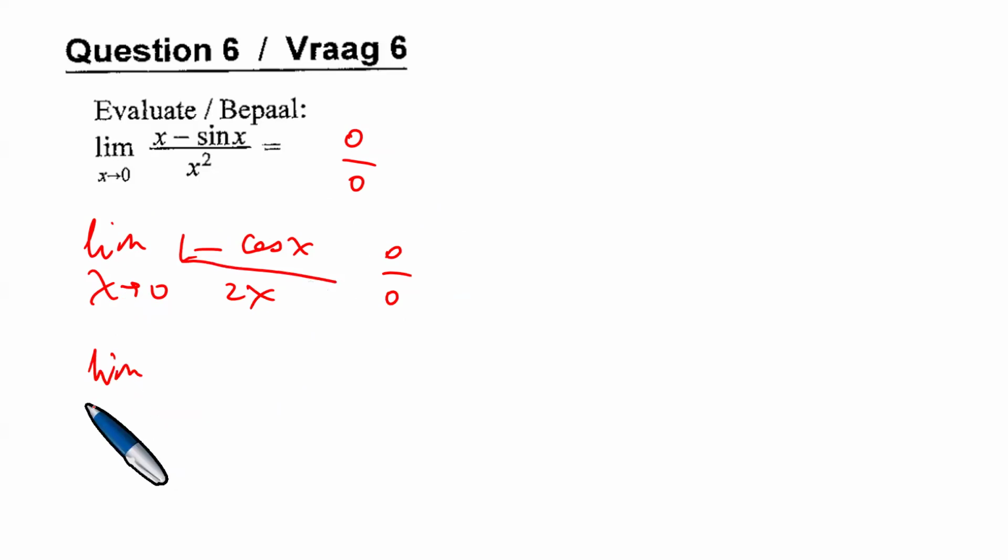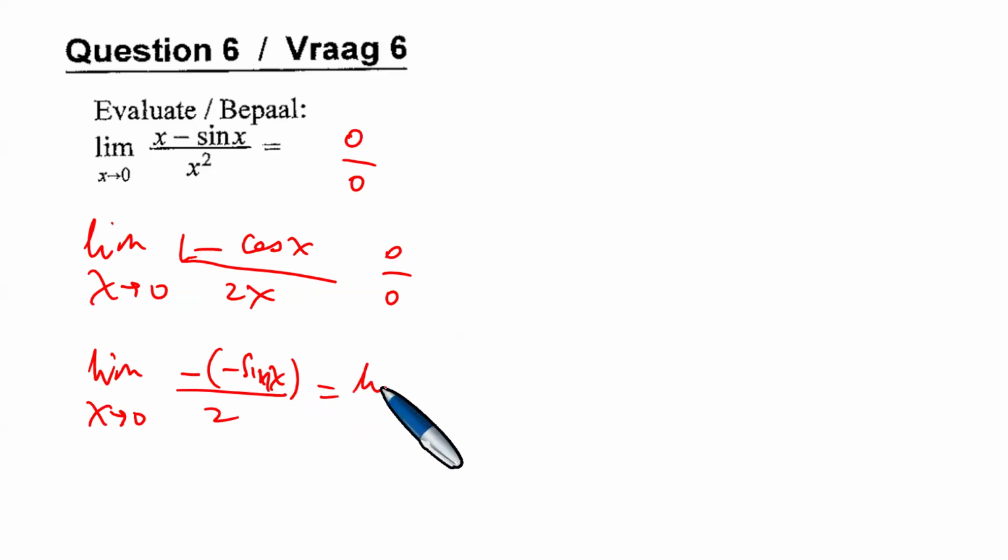And you do the limit as x tends to 0 again. The bottom becomes exactly 2, and the top: the derivative of the 1 is 0, the derivative of the cosine becomes minus sine x.